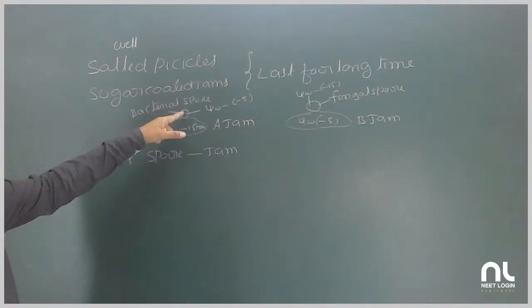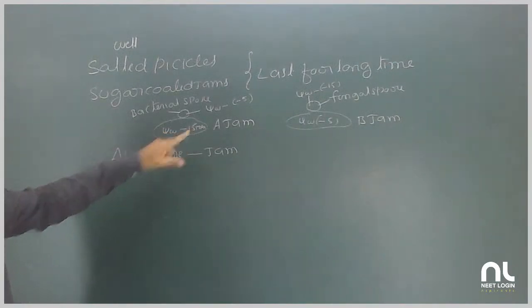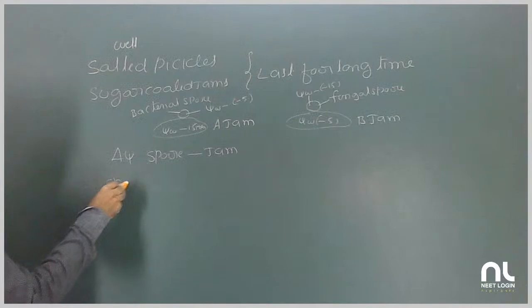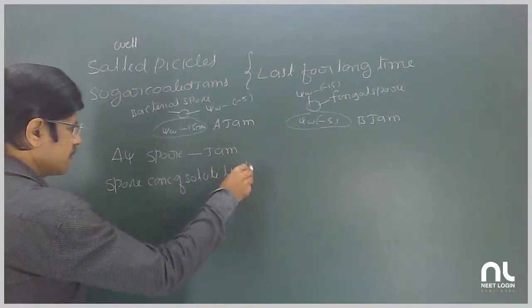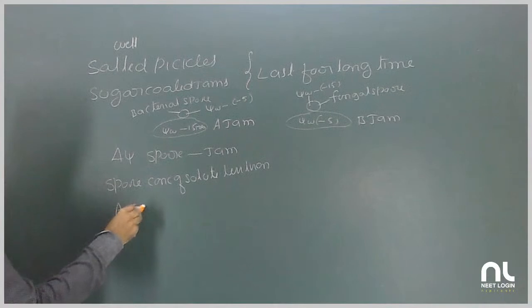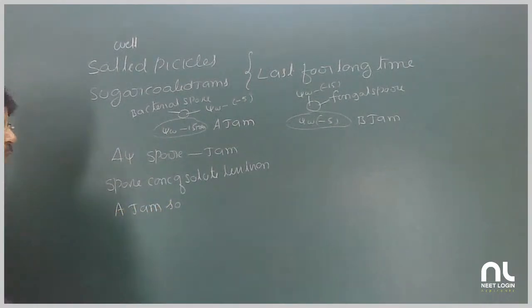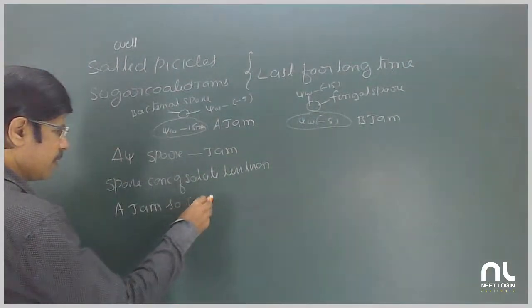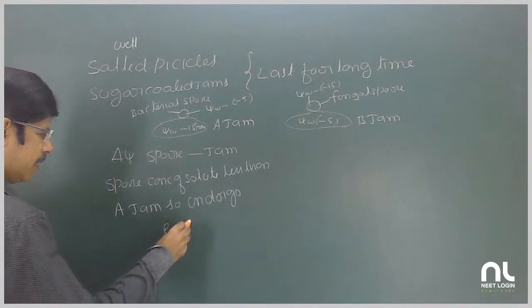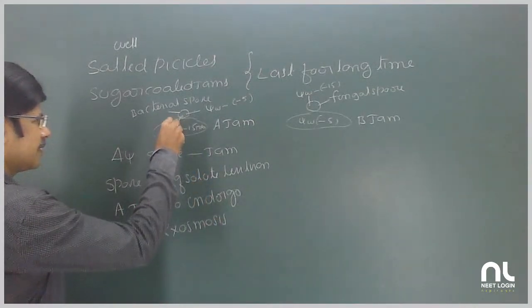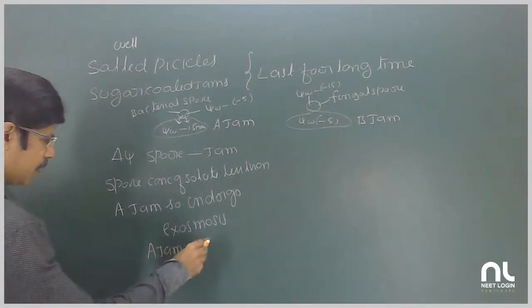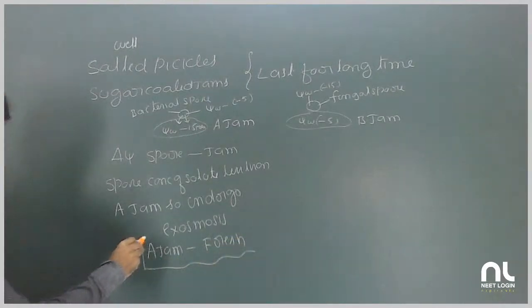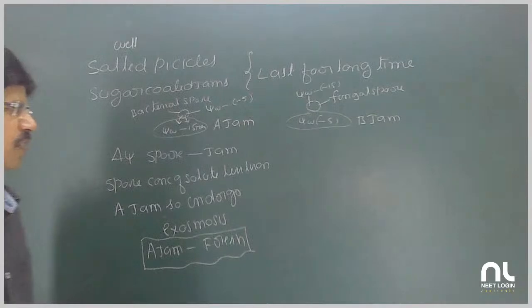The bacterial spore has a solute concentration less than that of A jam, so it undergoes exosmosis. So the bacterial spore cannot survive. So A jam is going to be fresh.